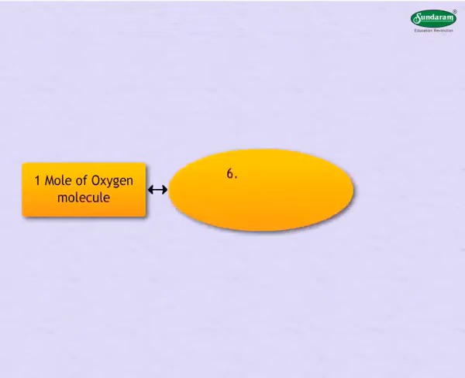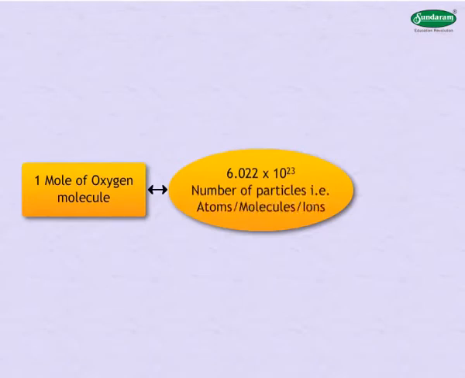Similarly, we have 1 mole of oxygen molecule corresponds to 6.022 multiplied by 10 raised to the power of 23 number of particles, that is, atoms or molecules or ions, which also corresponds to 32 grams of oxygen.